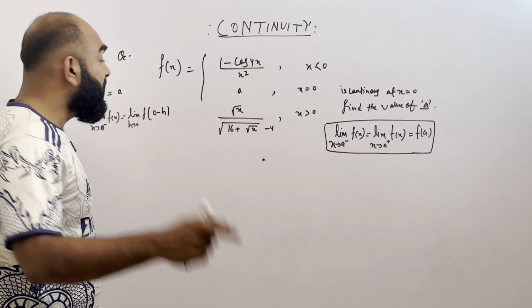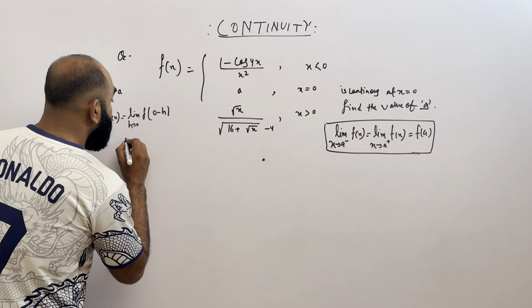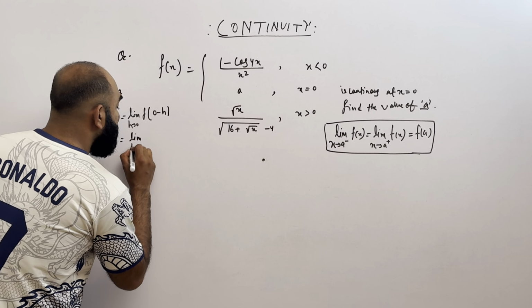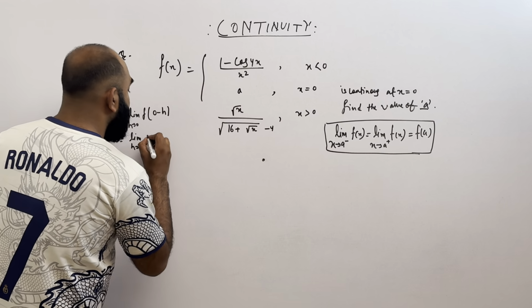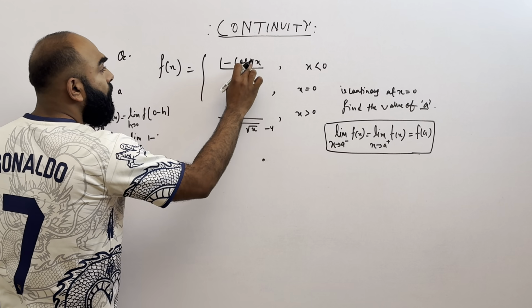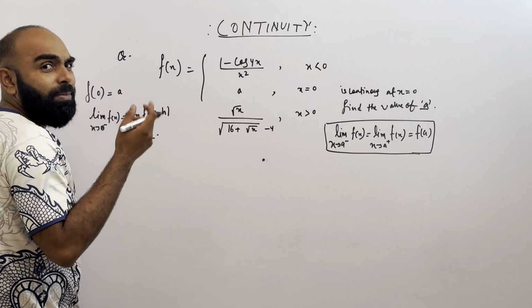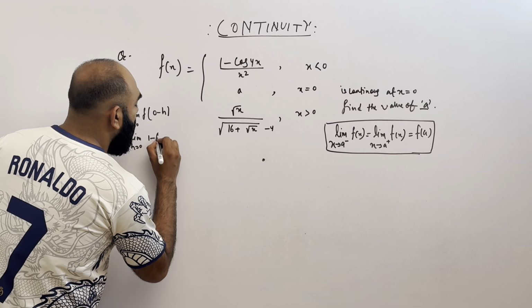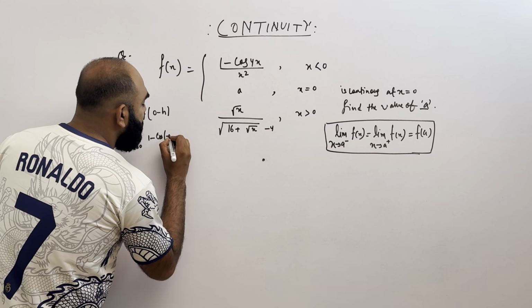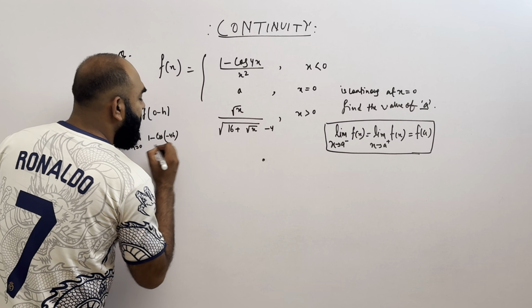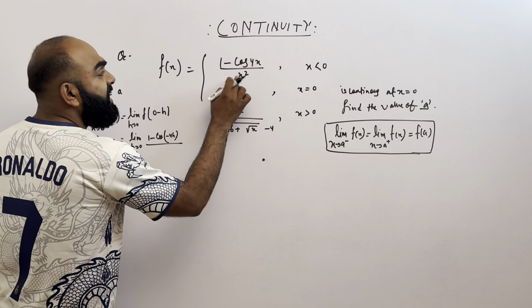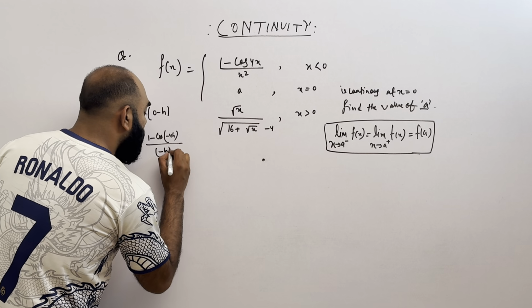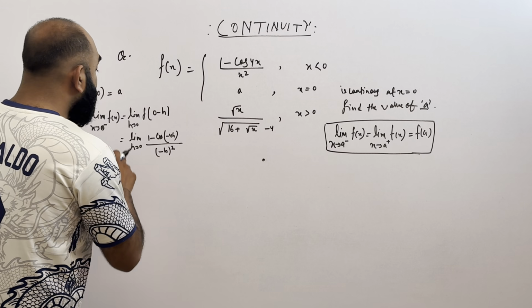So limit h tends to 0, the function is 1 minus cos 4 times 0 minus h. 0 minus h is minus h only. So 1 minus cos of 4 times minus h is minus 4h, divided by minus h whole square. Don't forget to write this limit.